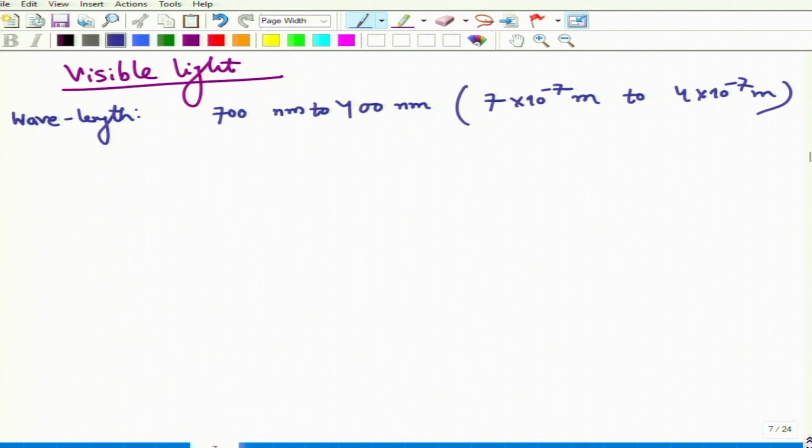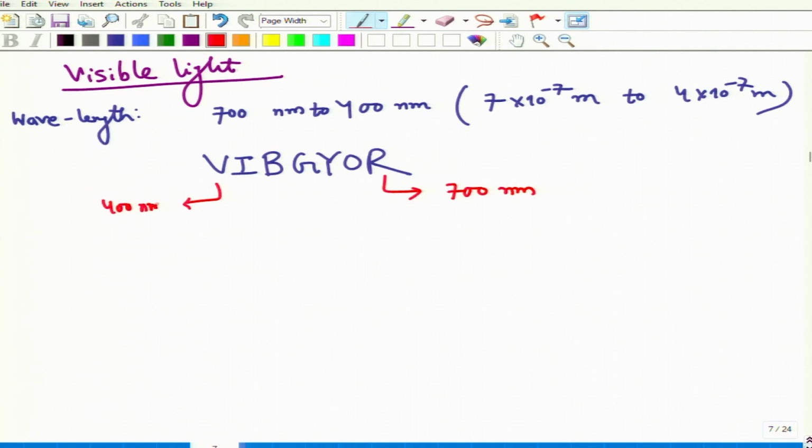We will look into the details of this part, because we know that the visible light is VIBGYOR, right? So red is around 700 nanometer and violet is around 400 nanometer. In between are the different colors.